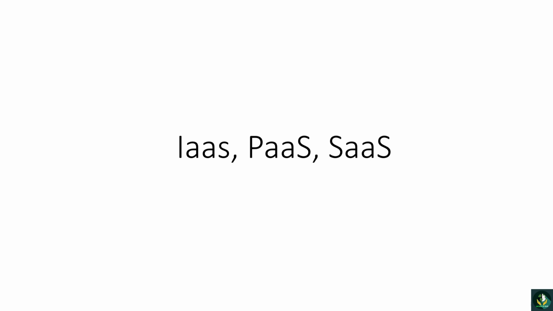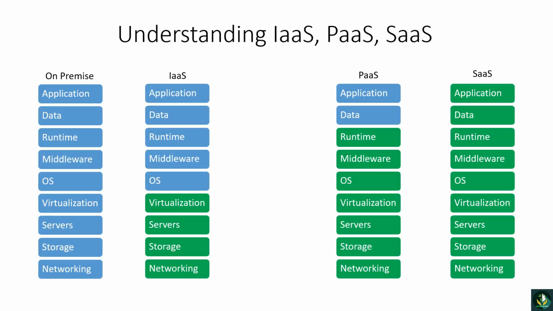In fact, we will start by looking at the very old way of doing things, like the on-premise model. So let's think about everything that you actually have to manage in an on-premise data center.